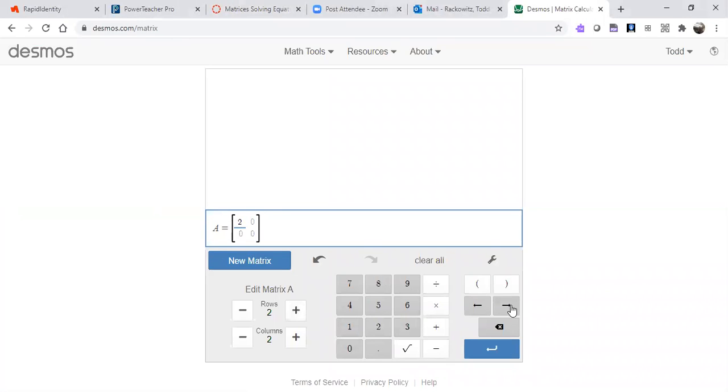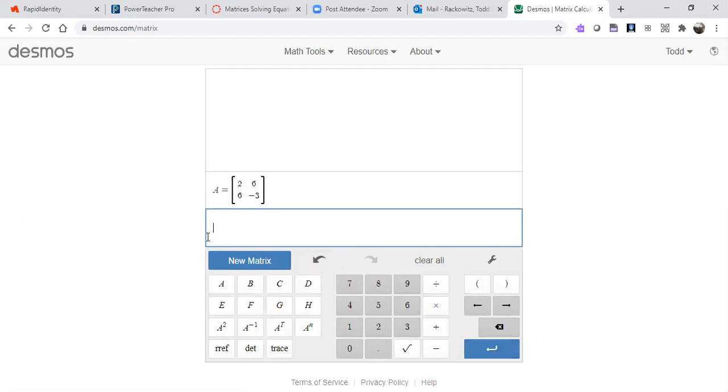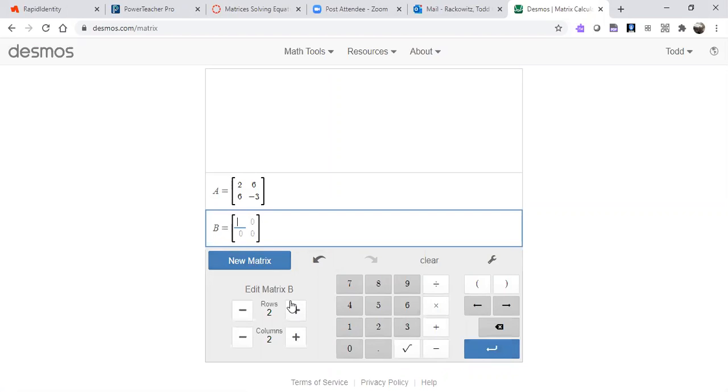So 2, 6, 6, negative 3. And then your second matrix will be 2 rows with 1 column with the 2 solutions that were 22 and 24. So 22, 24.